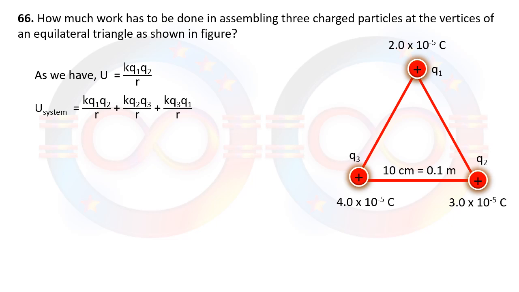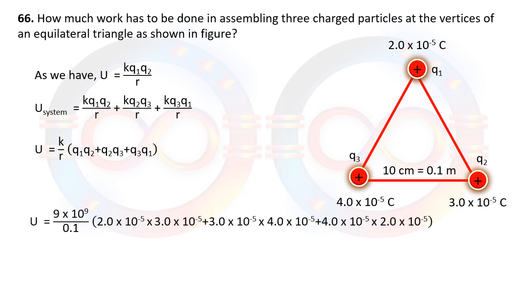So here 1 by 4 pi epsilon naught, or k q1 q2 upon r. For the second one it will be k q2 q3 upon r, then k q3 q1 upon r, because r is 0.1 meter each. K upon r we will take common, and then it will be added q1 q2 plus q2 q3 plus q3 q1. Put all the values, 9 into 10 raised to 9 upon 0.1.